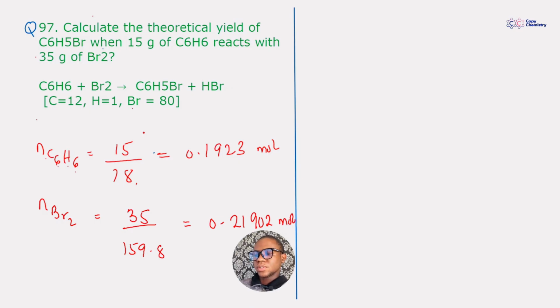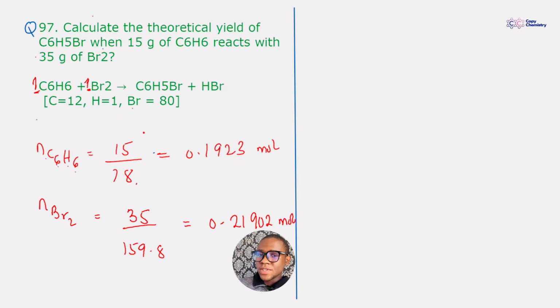So you do that calculation and you have this in moles. Now, after getting the moles, the next thing to do would be to divide the number of moles by this number here, 1 and 1. That's the stoichiometric coefficient. So if you try that, you end up having the same thing since you're dividing by 1. So you don't have much difference there.